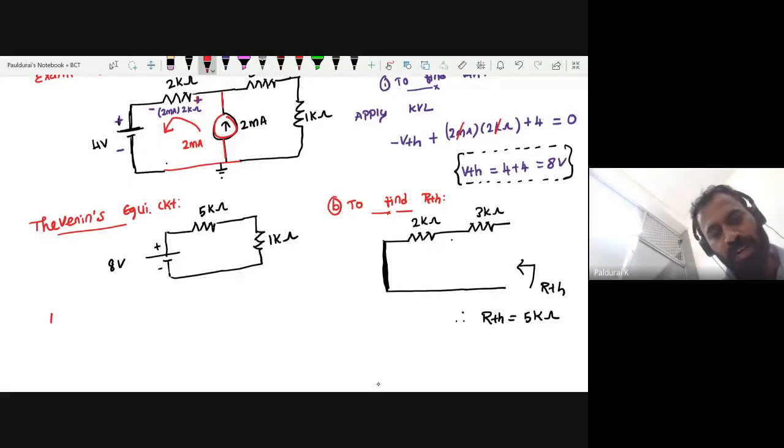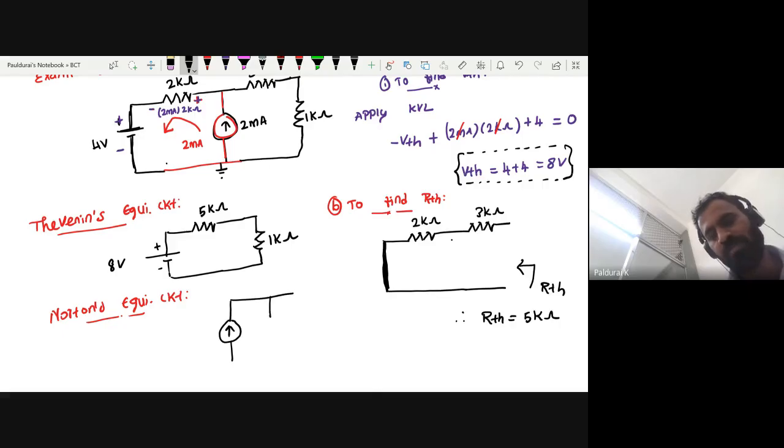Suppose you want to find Norton, please find Norton's equivalent circuit by yourself. But I will give the final answer. You know how to convert Thevenin into Norton simply by applying source transformation. This time there is no change in RTH, so no change in the load also.